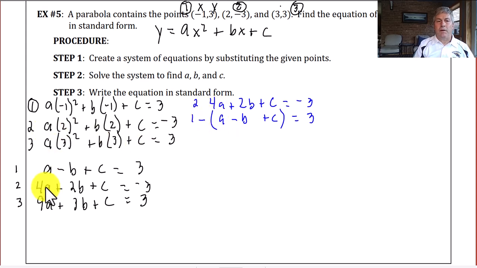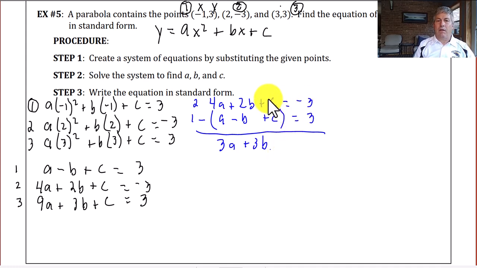So we'll show you what that looks like over here. I'm going to take equation 2 and I'm going to subtract equation 1 from it. So equation 2 minus equation 1 is going to drop out my c values. So I get 4a minus a gives me 3a. I get 2b plus b is going to give me 3b.